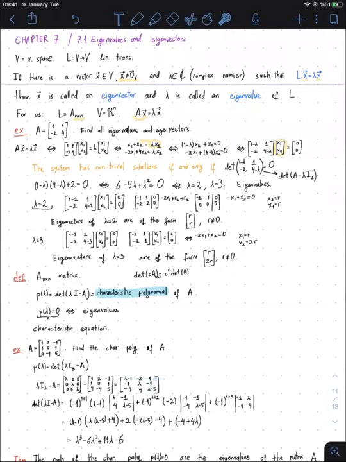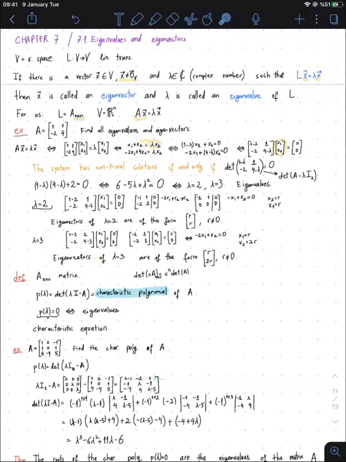The system will have non-trivial solutions, which are eigenvectors, if and only if the determinant is 0, that is, if and only if these numbers lambda satisfy the characteristic polynomial. So the proof is really hidden in this example. It's the same thing.